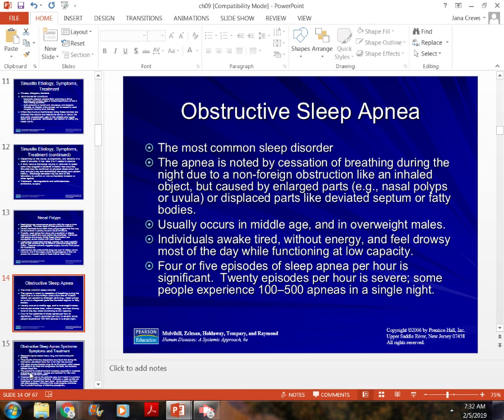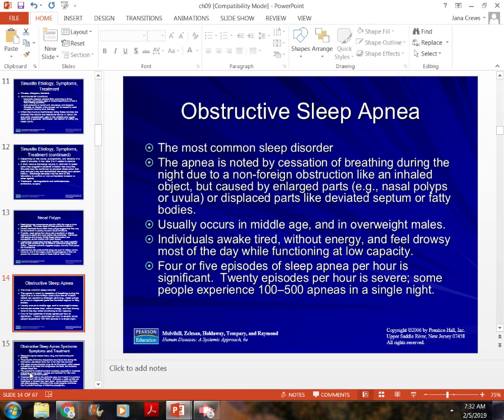It's due to displaced parts of the septum or sometimes due to body weight. People who are morbidly obese or very obese, sometimes the pressure of the weight on their upper body when they lay down causes them to have sleep issues. It's seen more often in middle-aged men than women, especially, but obesity can cause it in anyone.